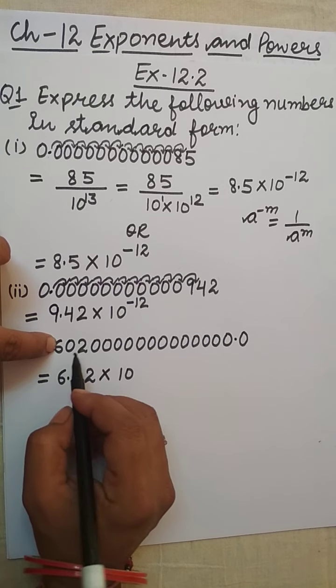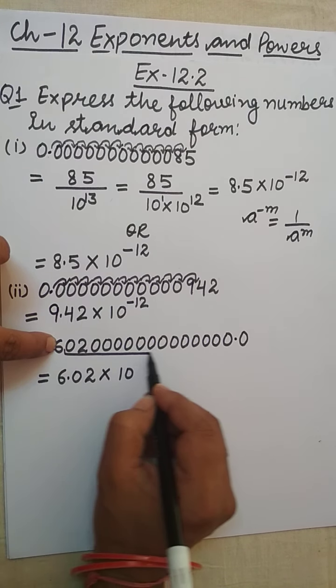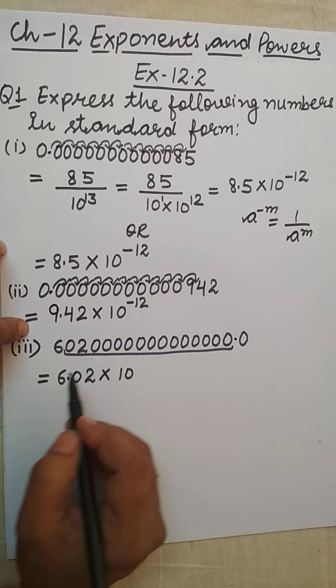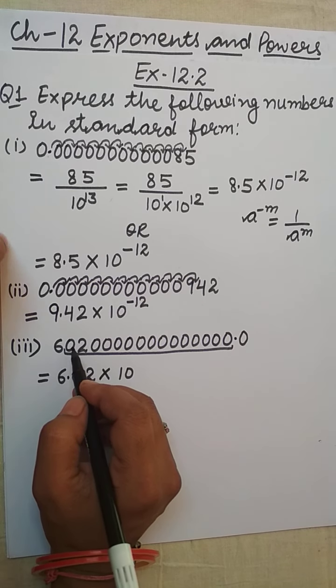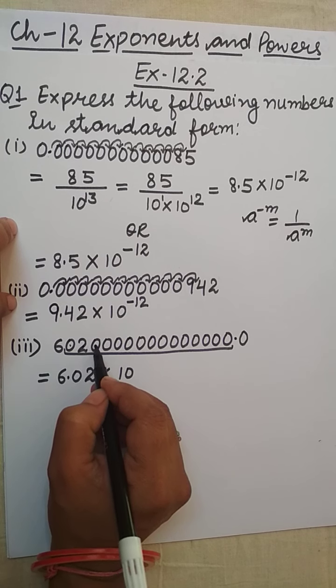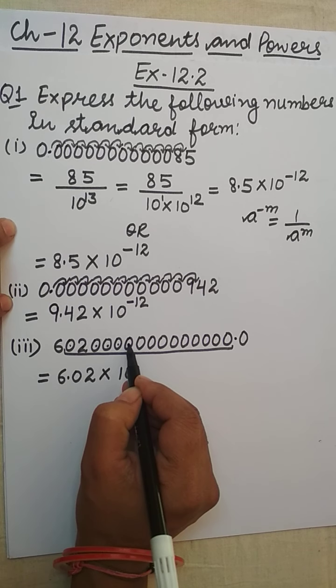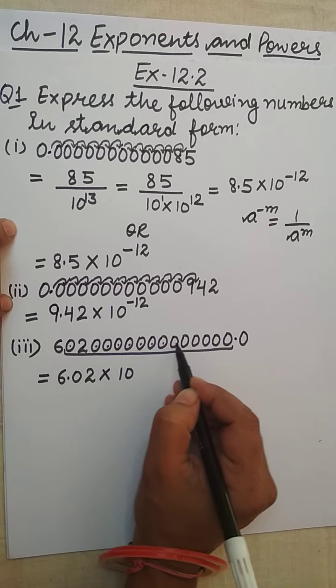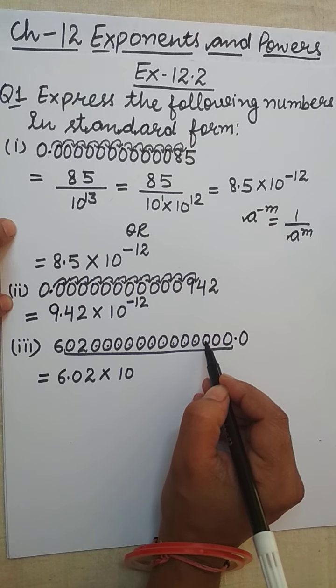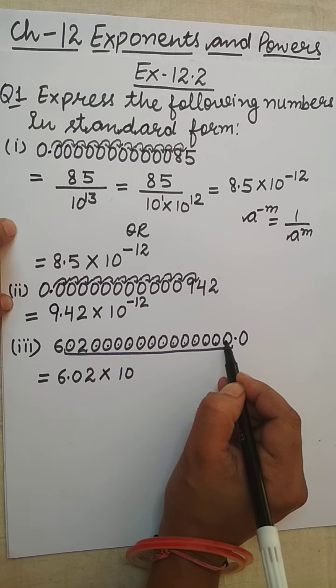Now how many digits are there after 6? We will count: 1, 2, 3, 4, 5, 6, 7, 8, 9, 10, 11, 12, 13, 14, 15.